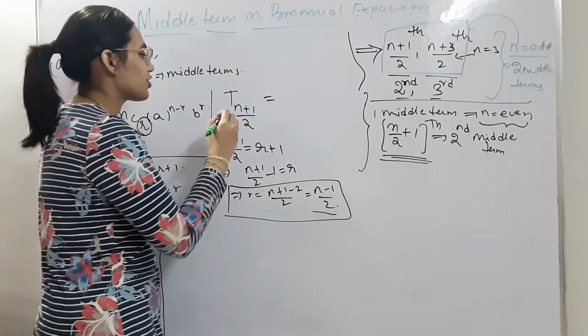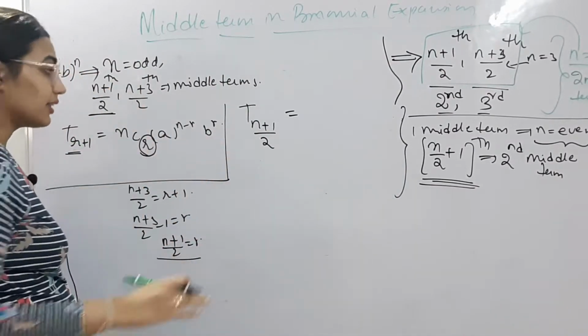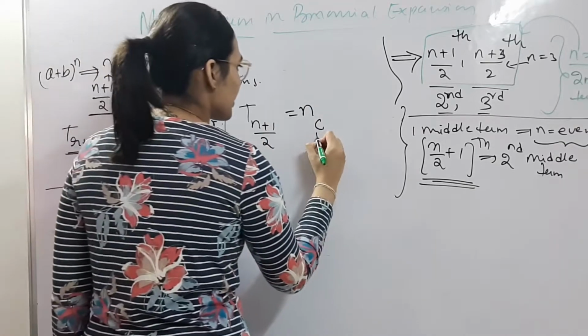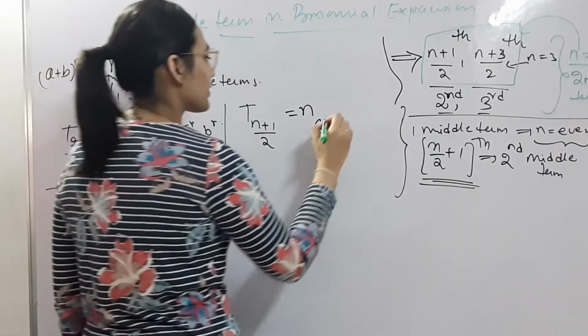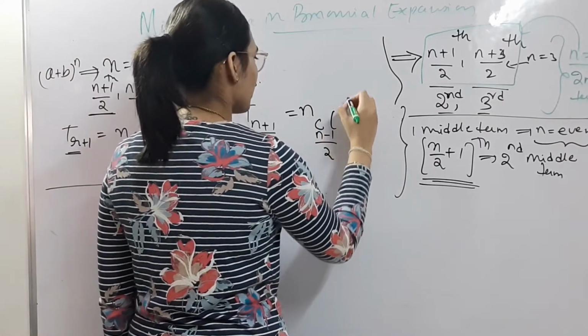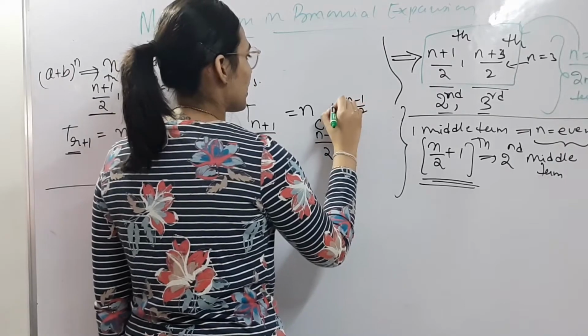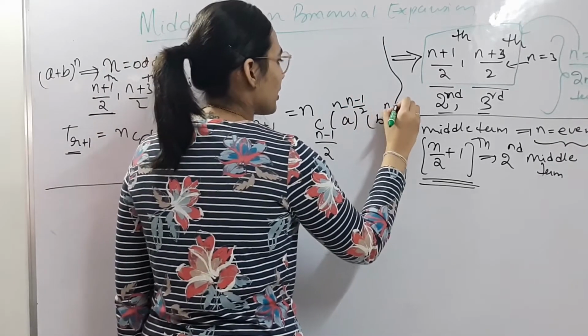Okay, so in short, for the (n plus 1) by 2th term, the middle term can be represented as nC(n minus 1)/2 into a to the power of n minus (n minus 1)/2, and b to the power of (n minus 1)/2.